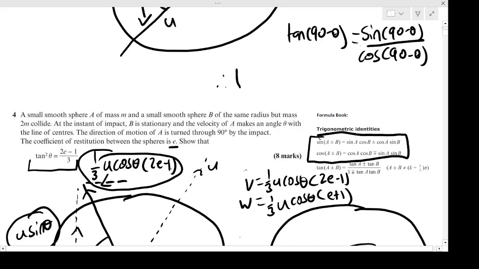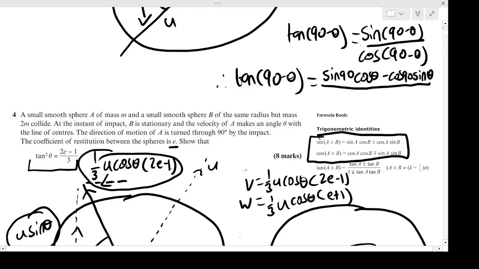So sine of 90 minus theta firstly will go to sine 90 cos theta take away cos 90 sine theta. And then if we use the cos formula, that's going to go to cos 90 cos theta plus sine 90 sine theta.